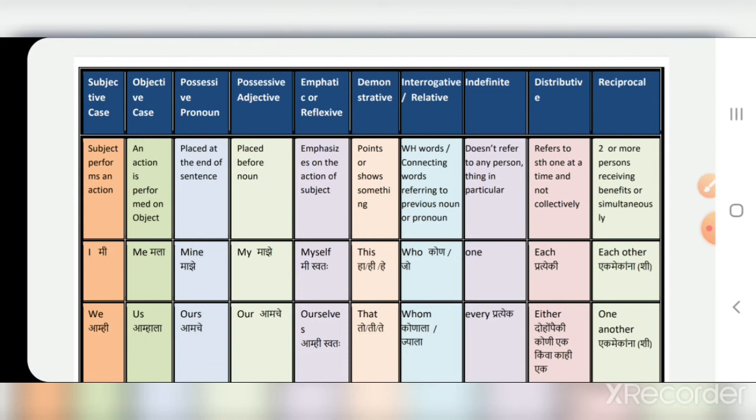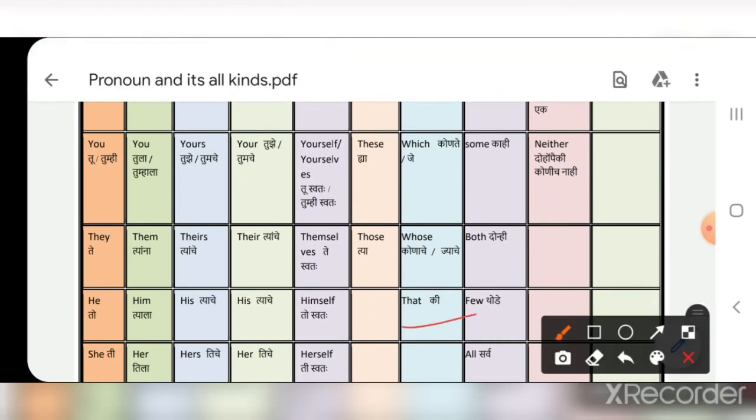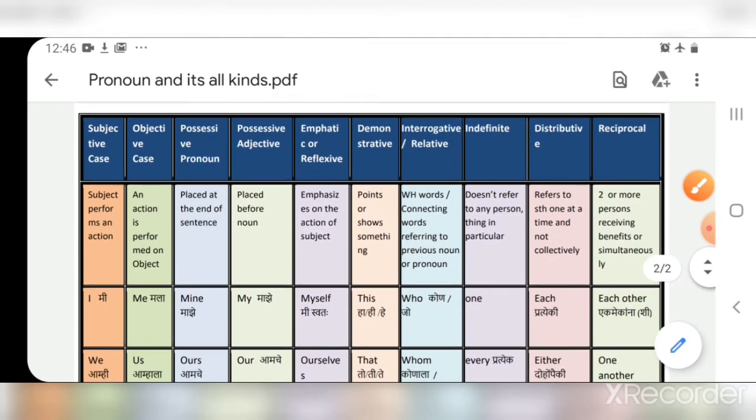Now next one is interrogative or relative. Interrogative pronouns are WH words. Whenever WH words are used in a sentence, like who, whom, which, whose, that, then they are interrogative pronouns or relative pronouns.